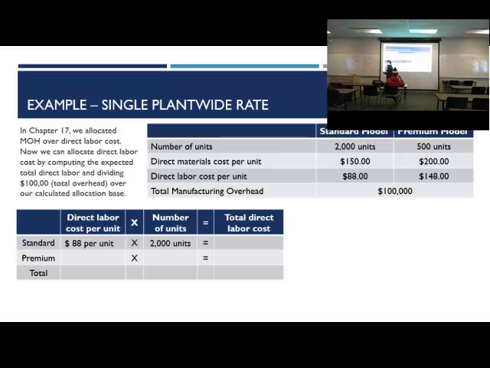So how much direct labor costs are we going to have for the standard units? 176, okay? Premium model. And how many units? Okay. 74,000, is that what you get? Okay. It comes from the book, right? Okay. 176 plus 74?